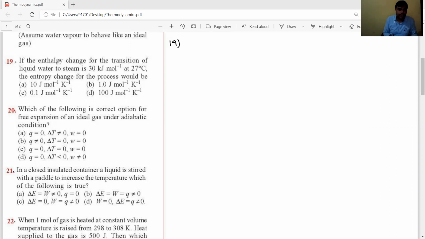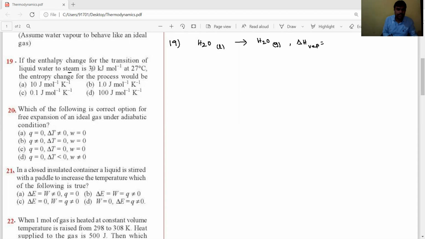If the enthalpy change for the transformation of liquid water into steam, that is, H2O in the liquid state converted into H2O water vapor, the gaseous state, during this phase transformation the amount of heat required is the enthalpy of vaporization.